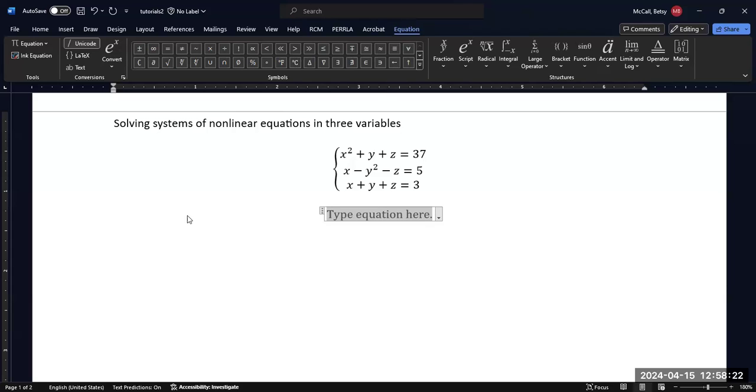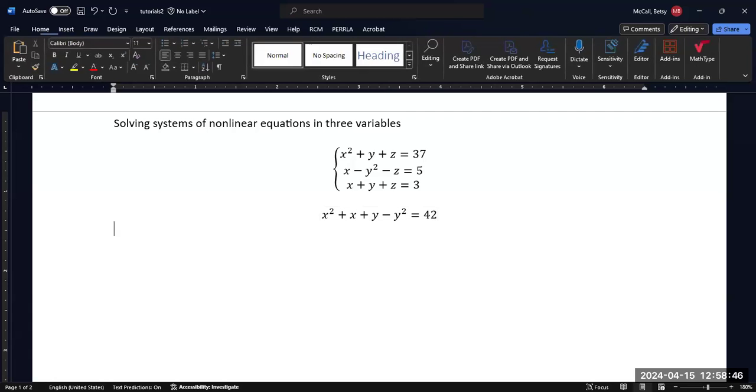So that will give me two equations in only two variables. So x squared plus x plus y minus y squared is equal to, again, the z's cancel, it's going to give me 42.